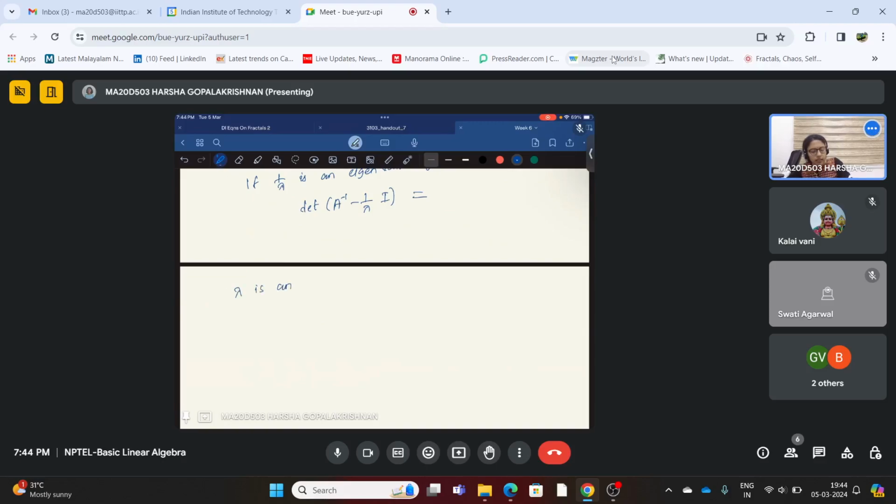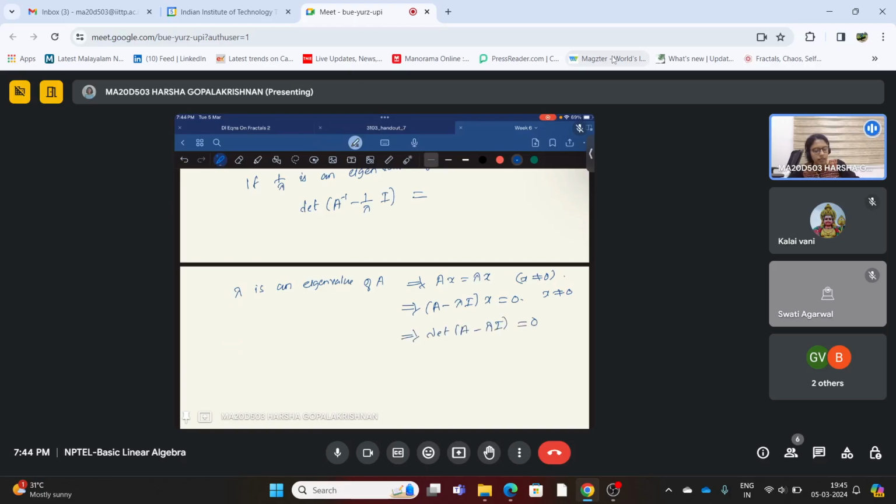Lambda is an eigenvalue of A, that implies Ax equals lambda x for some non-zero x. What does this mean? A minus lambda I times x equals 0 for some non-zero x. Now, what is the determinant of A minus lambda I?